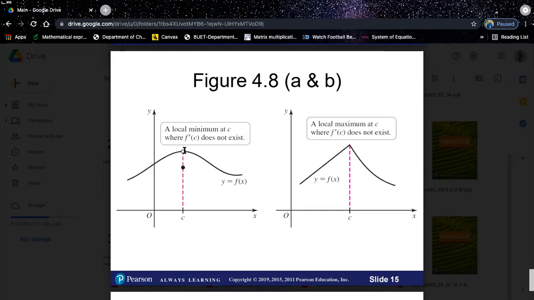There is a hole here, right? So we say that the first derivative does not exist, or in other words, the function is not differentiable at this point, right? But you can still see there is a local minimum at C, right? If you pick a certain interval, you'll see this defined value. Can you see that? This defined value, this black dot, signifies that it's a local minimum.